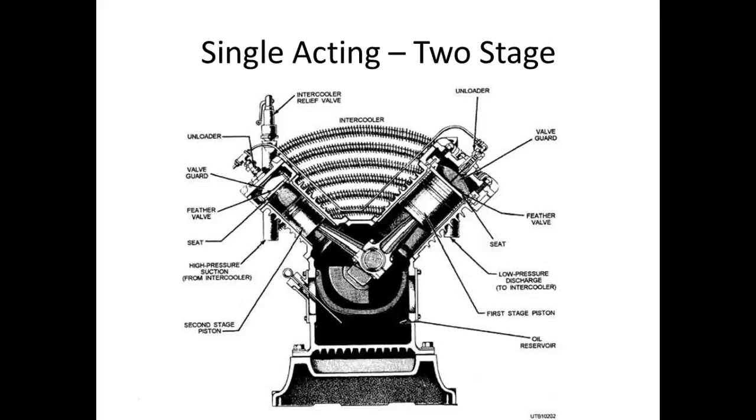We start off with a big cylinder, we compress it, and the output goes into a smaller cylinder. Then we compress that, and then we might take it into another cylinder. The most I've ever seen on reciprocating compressors is 3 stages, and we can get up to over 200 psi with 3 stages.